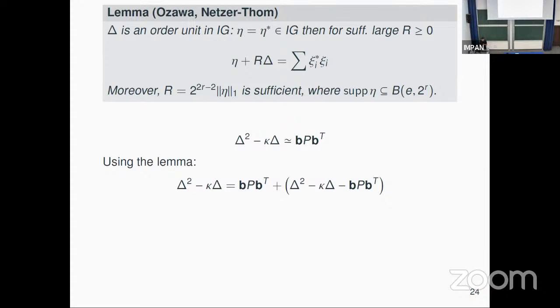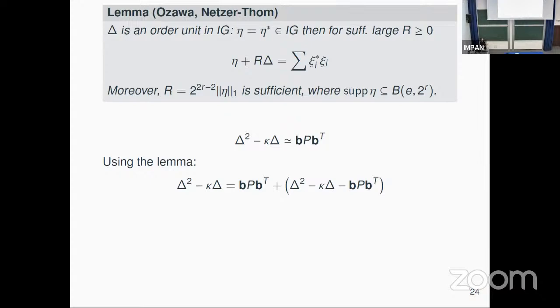Okay, so how do you actually turn this into a proof now? So we have the approximate solution. I can rewrite this, right? So here nothing happened, I just added 0. But here I have the error. I know that this is positive, and here I have the error.